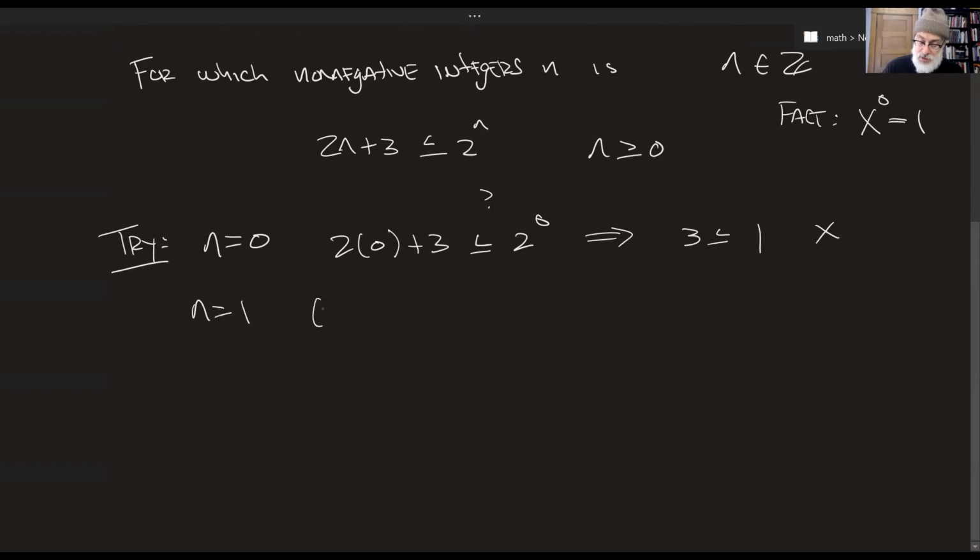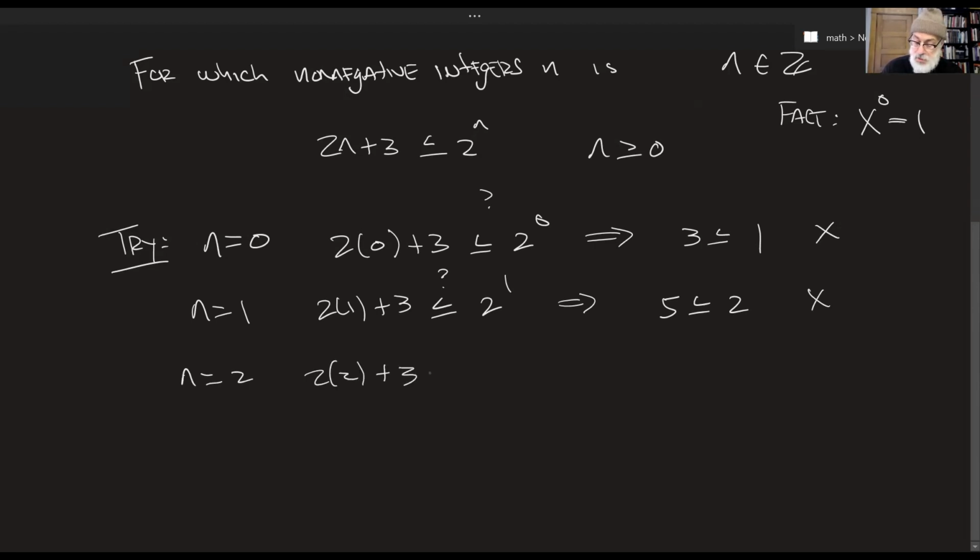n equals 1. Does that change anything? Not really, right? Because 2 times 1 plus 3 is 5, and 2 raised to 1 is just 2. So what we're saying here is 5 is less than or equal to 2, and that's not true. How about 2? Does 2 get us closer? 2 times 2 is 4, plus 3 is 7. 2 squared is 4.